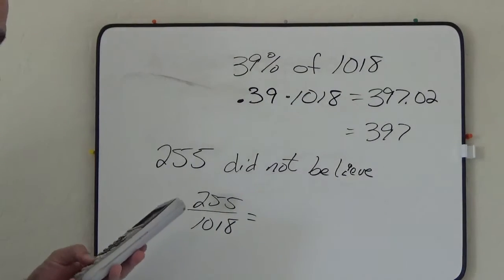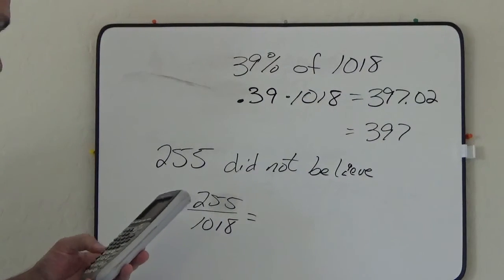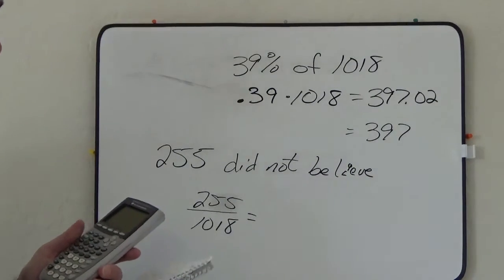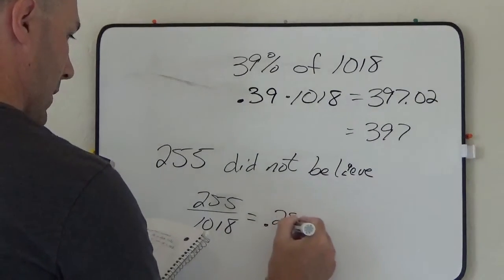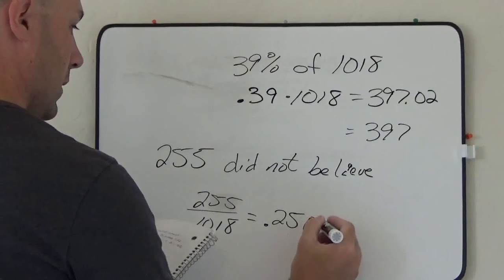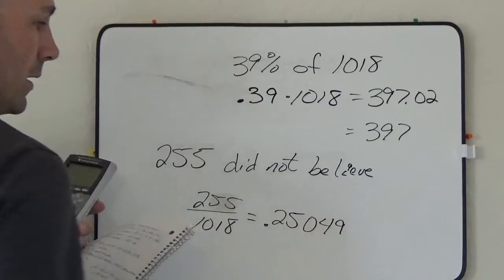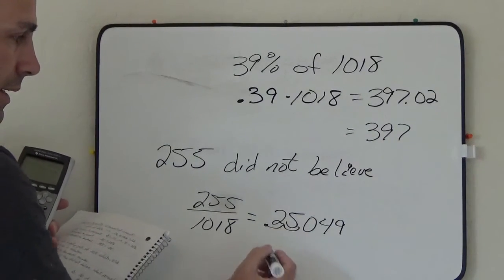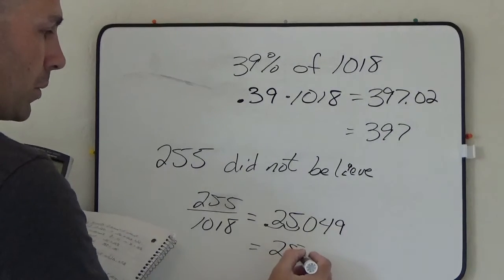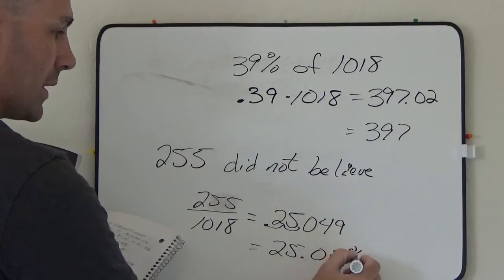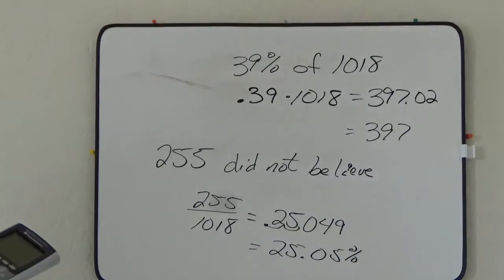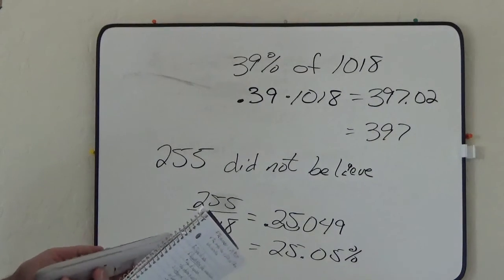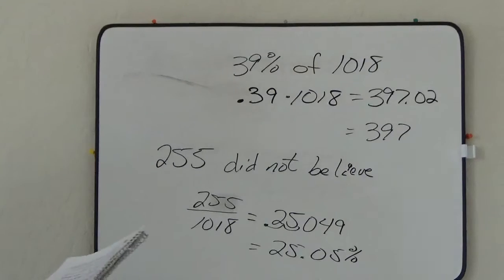So 255 divided by 1,018 is 0.25049. Now guys, to change it to a percent, I'm going to move the decimal twice to the right. This becomes 25.05% do not believe in evolution. Okay? And so that's how that works.